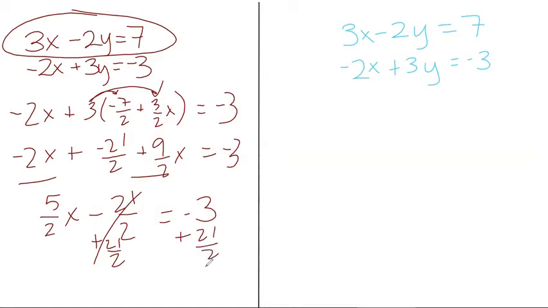And so we'd be left with 5 over 2 x is equal to negative 3 plus 21 over 2. Negative 3 can also be written as negative 6 over 2. So negative 6 over 2 plus 21 over 2 is just 15 over 2.